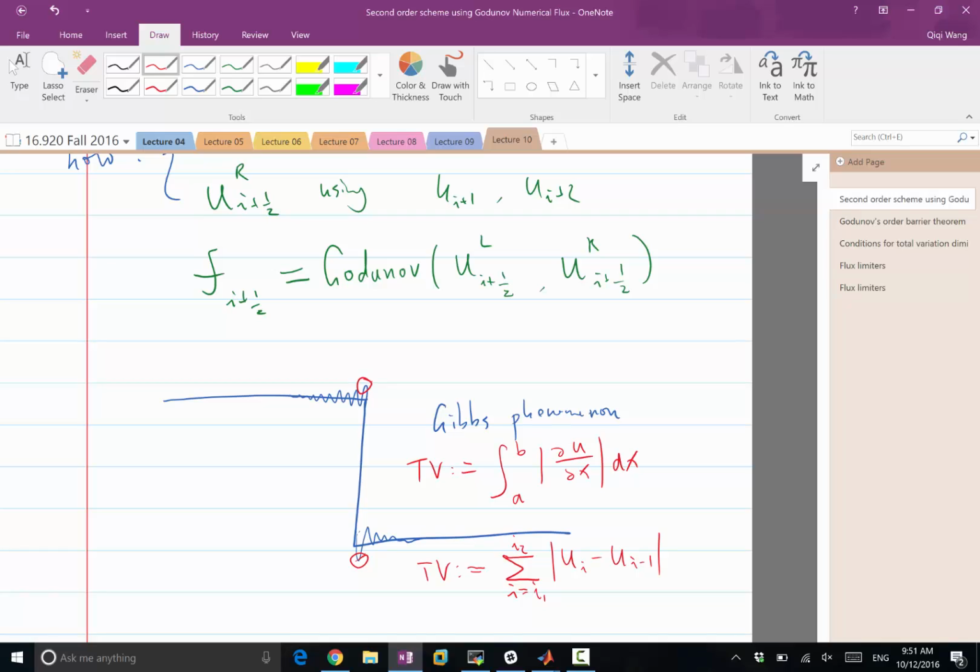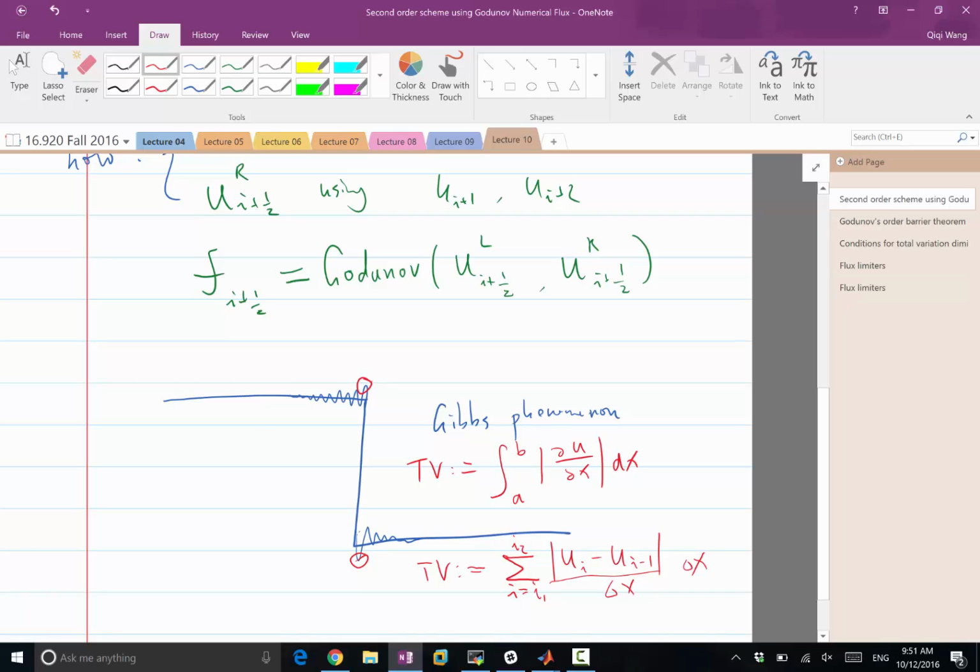Instead of taking the derivative, you take the difference between two grid points, and you can divide by delta x and multiply by delta x. It's going to be the same. It's a discretization of the total variation, right? Just count how much change has happened when you walk through the sequence of grid points.